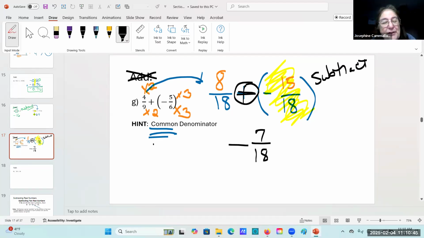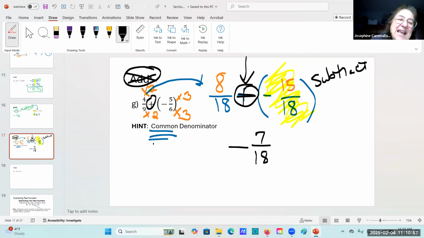And remember, if the fraction can be reduced, you've got to reduce it. And notice, it says add, but it only is saying add because I have plus signs. But because I have different signs, I'm subtracting.